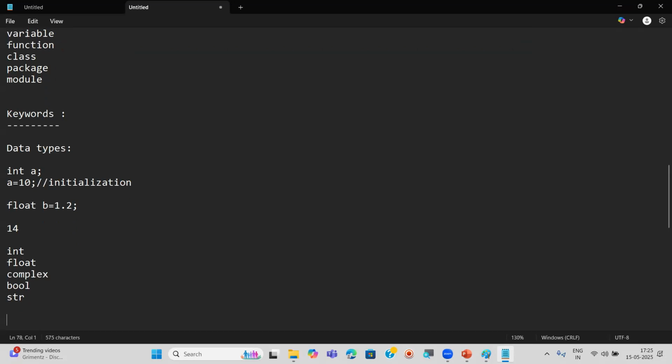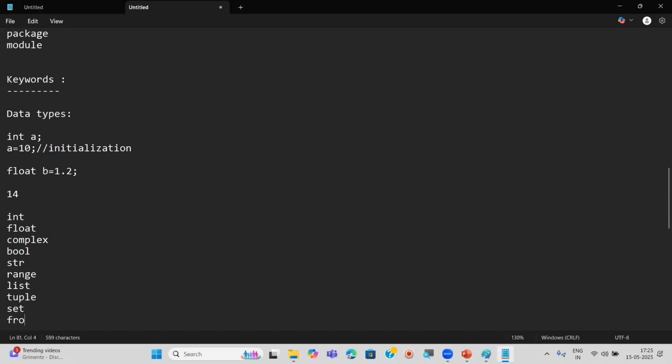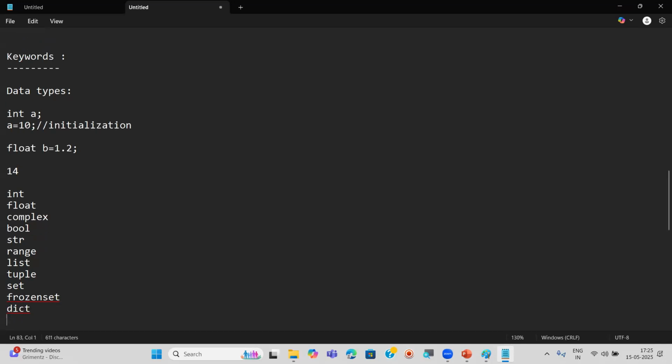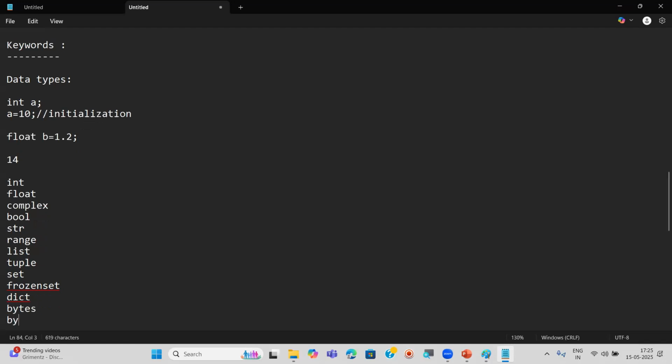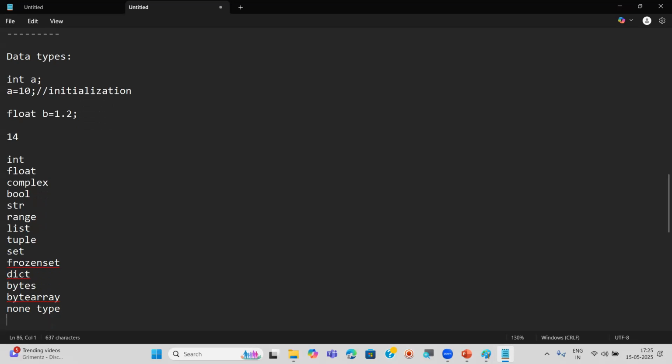Along with that, the remaining are range, list, tuple, set, frozenset, dictionary, bytes, bytearray, and NoneType. That makes 14. Is anything missing?